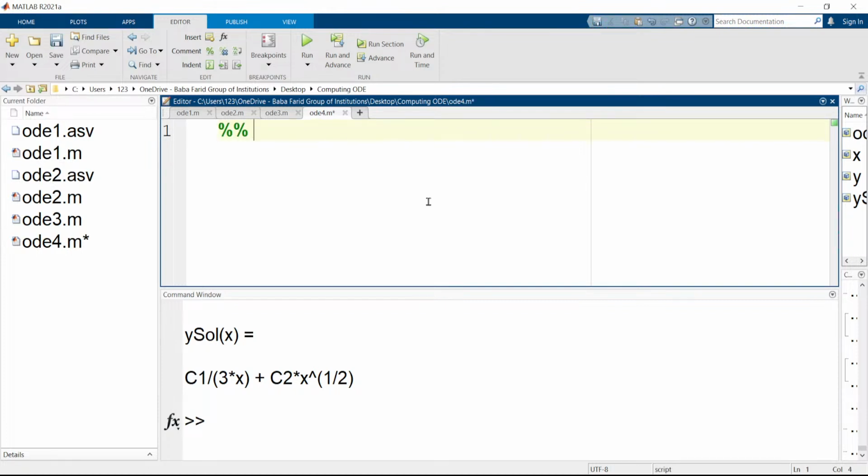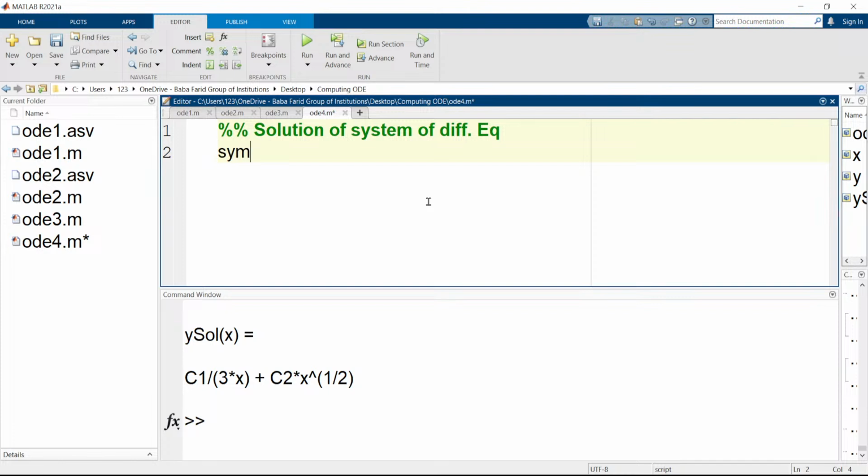Here we have the solution of a system of differential equations. The system of equations involves two variables.